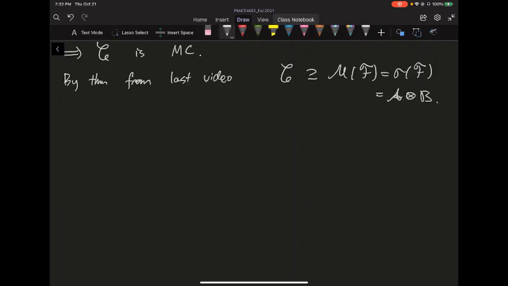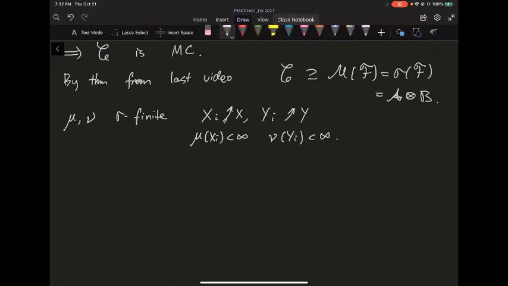There's one last thing we need to prove, because we started by assuming our measures are finite. So in general, because nu and mu are sigma finite, I can find a collection of X_i and a collection of Y_i. I can make them increase to the whole space such that they have finite measures.